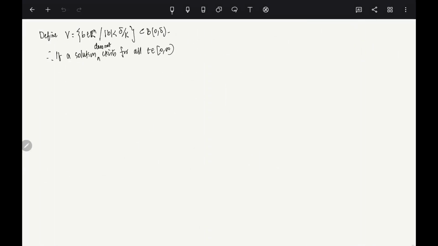So basically what we are assuming is this: let's say the solution does not exist for all time t, then you cannot put it in B(0, delta) bar. Then x(t), the trajectory, cannot be contained in B(0, delta) bar for all t. You cannot contain the trajectory for all t.